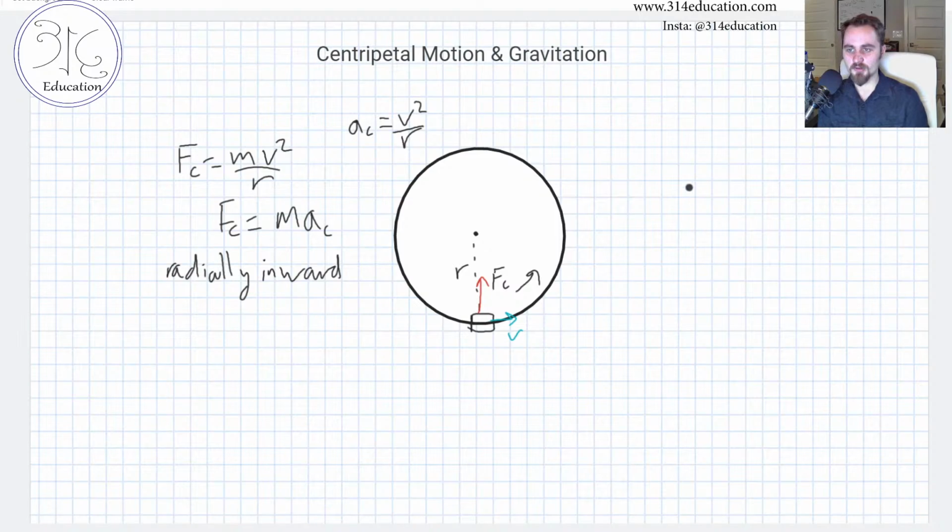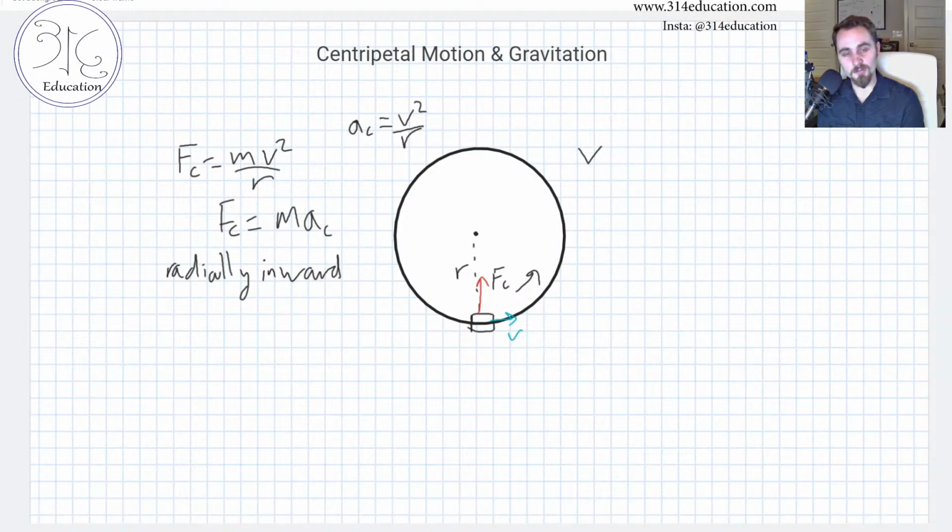Now we have a couple more pieces we can use, which relate velocity to the period. The period is the time it takes for our object to complete a single lap. We can think about our velocity as distance over time, or displacement over time, technically.